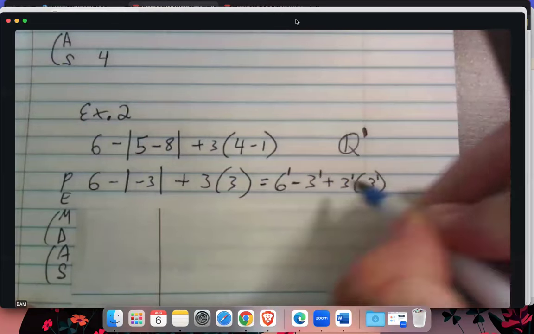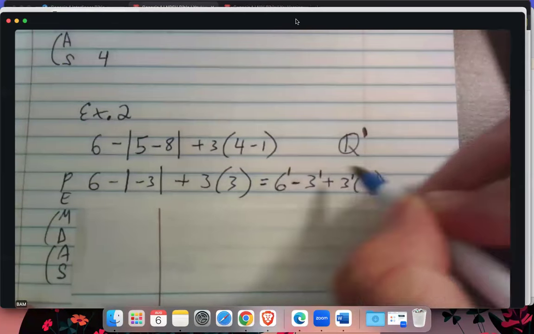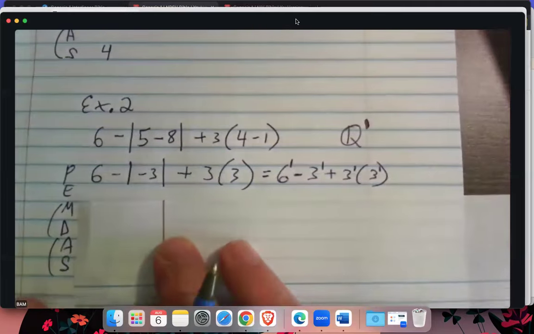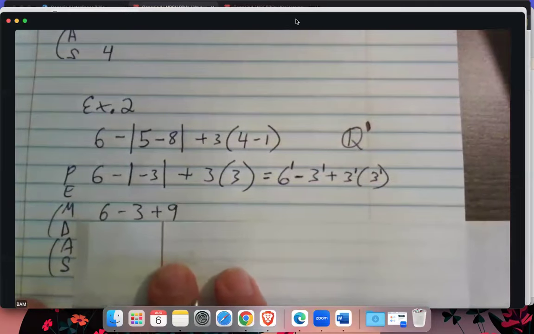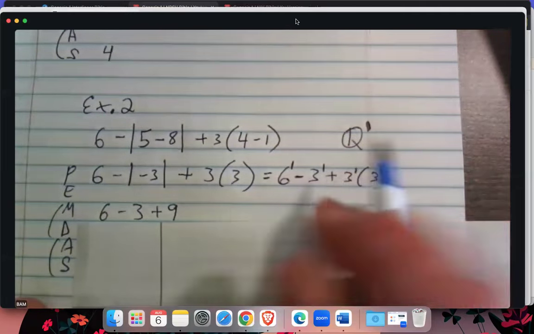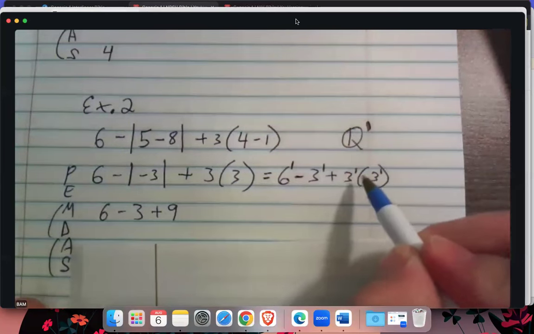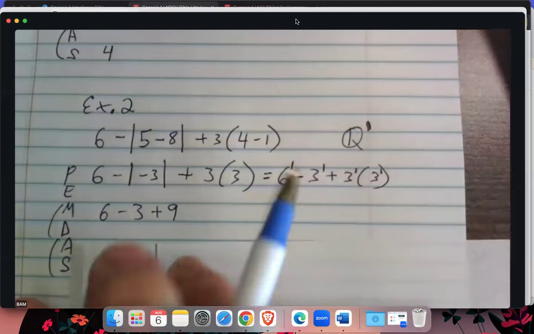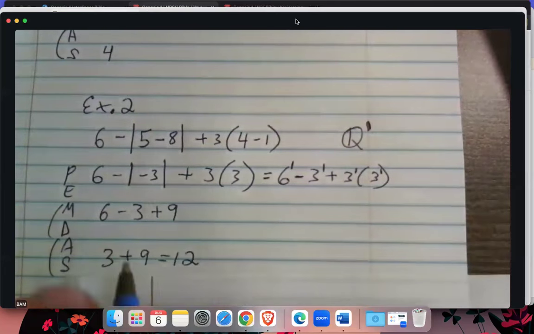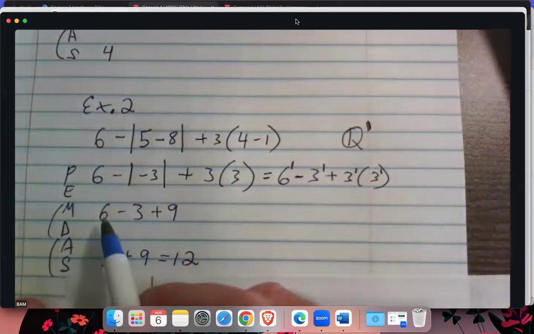So these are really exponents. If you want to put ones here, you can, but 6 to the 1 is the same as 6. And then we multiply and divide from left to right. So this 3 parentheses 3 means 3 times 3, and I get 9. And then we add and subtract from left to right. 6 minus 3 is 3, and 3 plus 9 is 12.